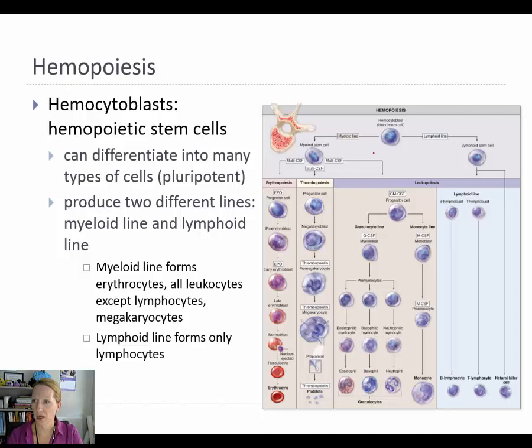This is what's going on in that red bone marrow. That's a lot happening there, right? So just bear with me and follow me along this chart here. I'm going to start with this big cell right here, this hemocytoblast. This is going to be known as kind of the grandmother of all of the formed elements.